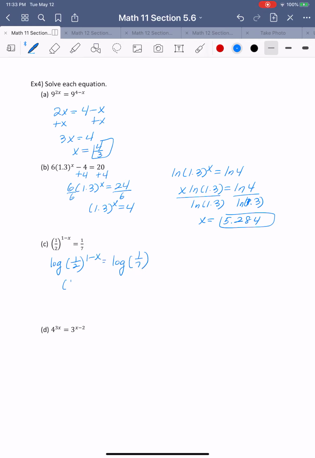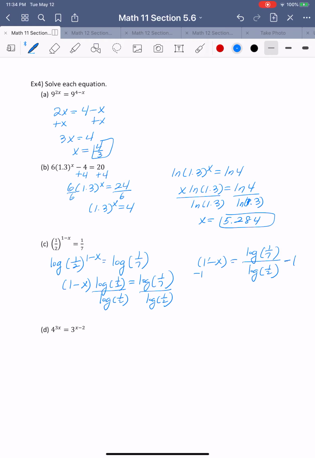Now you can pull that down: (1 minus x) times the log of 1/2 equals the log of 1/7. Then you can divide by the log of 1/2 on both sides, and I got 1 minus x equal to the log of 1/7 divided by the log of 1/2. Then subtract 1 on both sides, so negative x equals the log of 1/7 divided by the log of 1/2 minus 1.